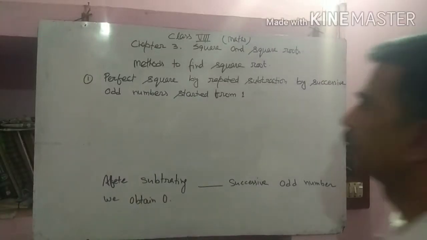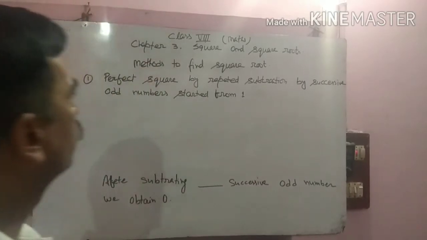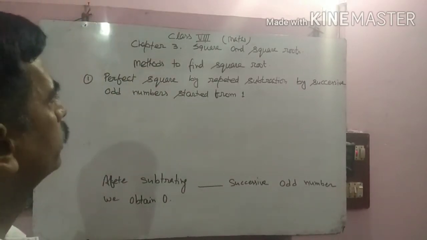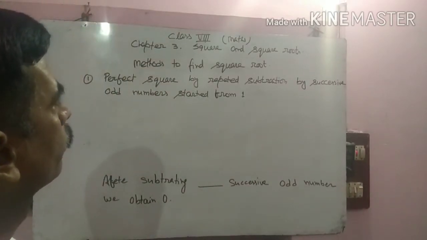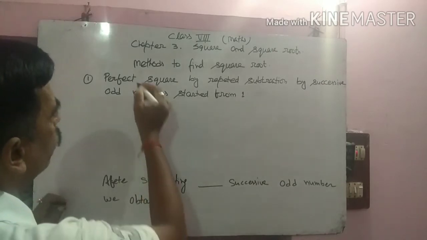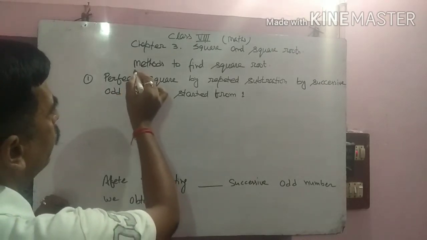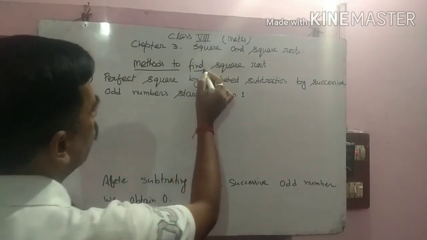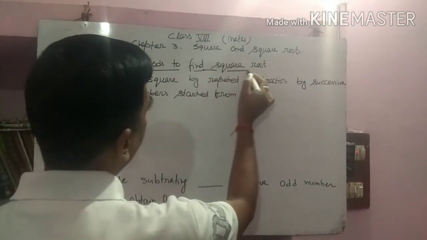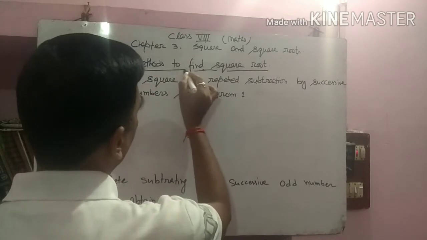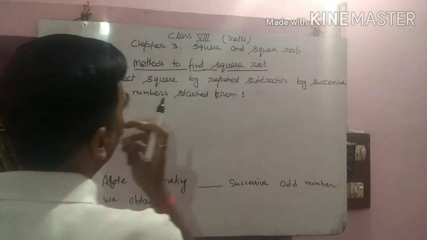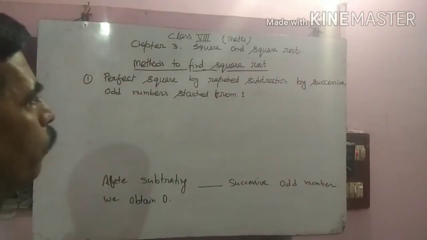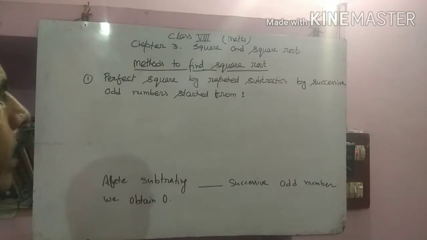Okay students, today we are going to discuss chapter 3, which is squares and square roots, and exercise 3.2, which is based on methods to find the square root of any number. If the number is given in the form of a perfect square, we have to find the square root of that number.